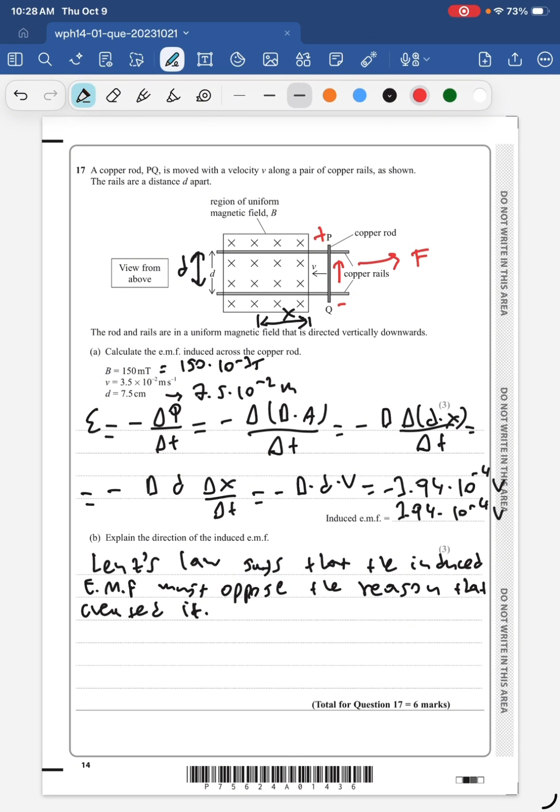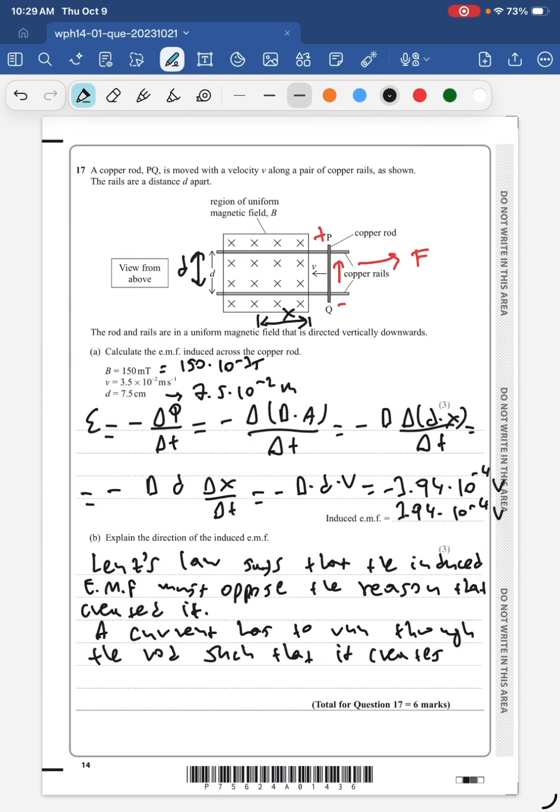Okay, so you can also write here that a current has to run through the rod such that it creates a B out of the page. And the reason is that, recall, I'm gonna draw it here.